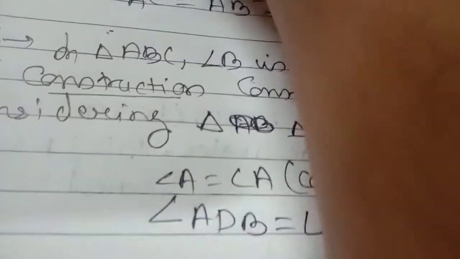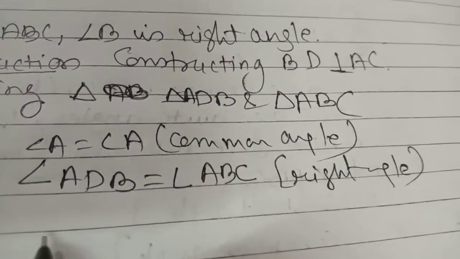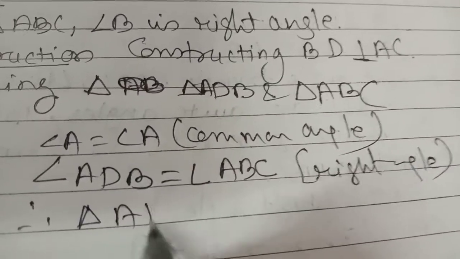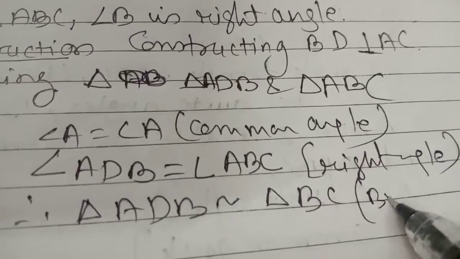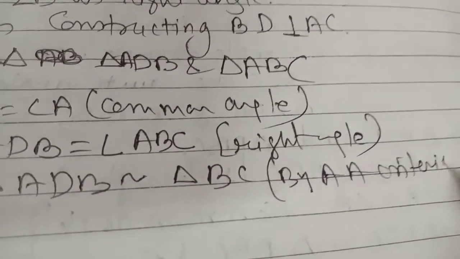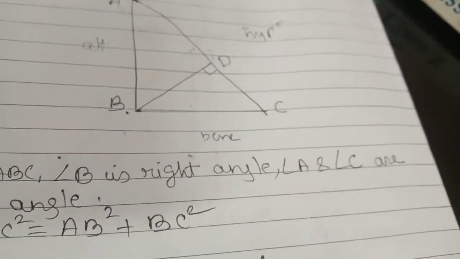And then you will write therefore triangle ADB is similar to triangle ABC by AA criteria. So AB is the common side. So what I will write here?